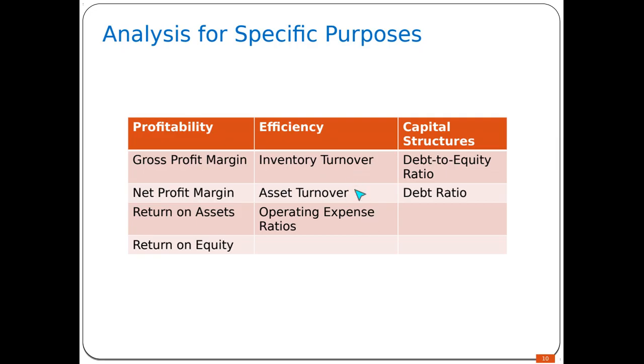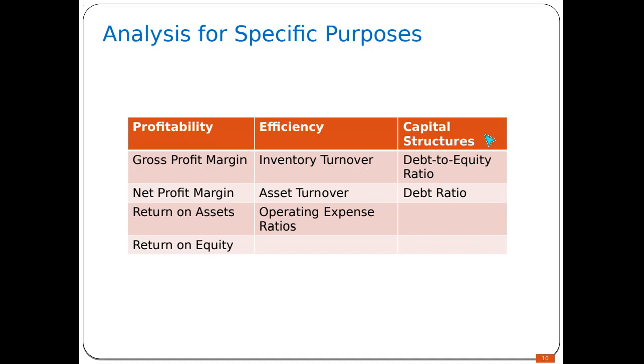Inventory turnover and asset turnover both tell us: are we using our resources to the maximum possible point? Are we generating enough sales for the assets we have? Are we selling our inventory and collecting the cash so that we can buy more inventory?